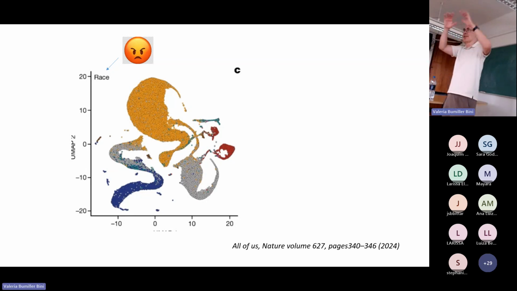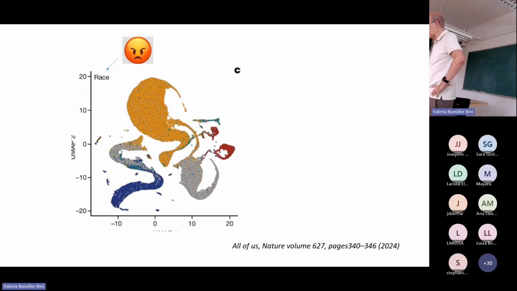No, it's a gradient. I once met a lady from Inner Mongolia who, to my European eye, looked Asian. She says that the Han Chinese thought she was European.